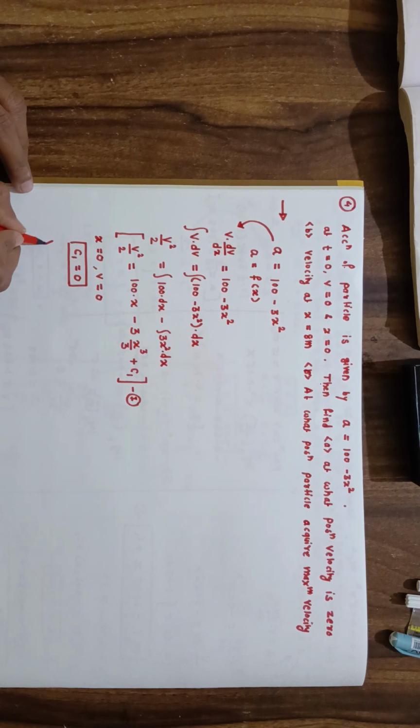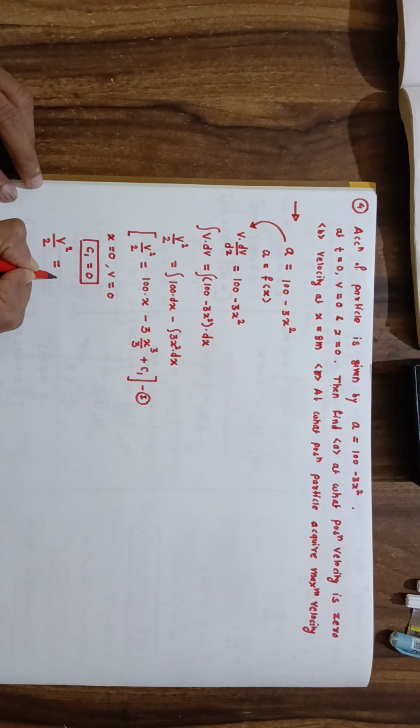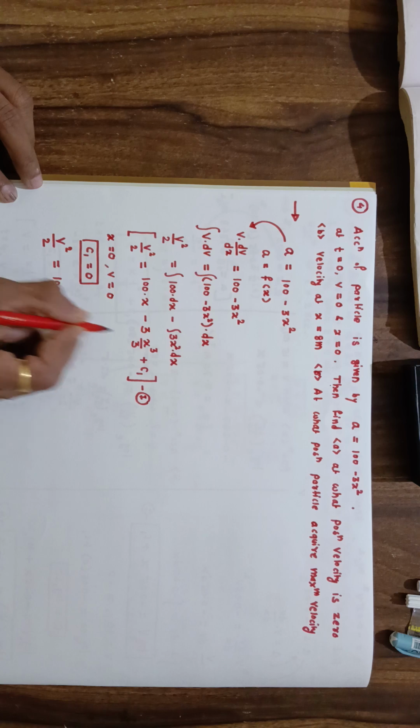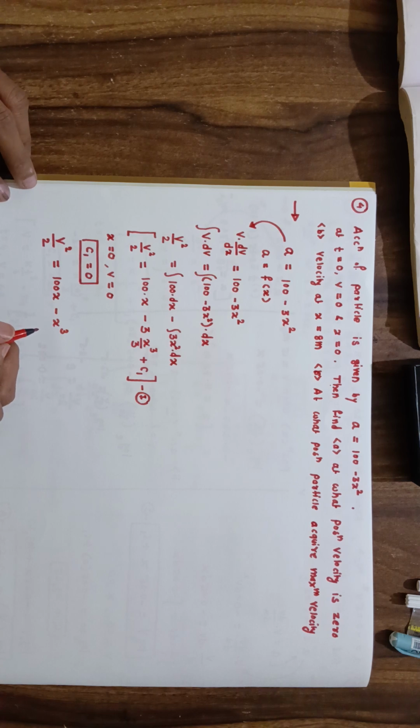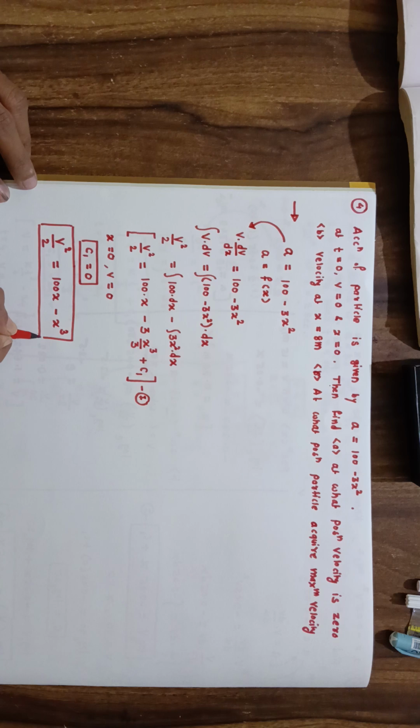So the final equation of velocity: v square by 2 is equal to 100x minus x cube by 3. Okay, so this is the equation for velocity and position.